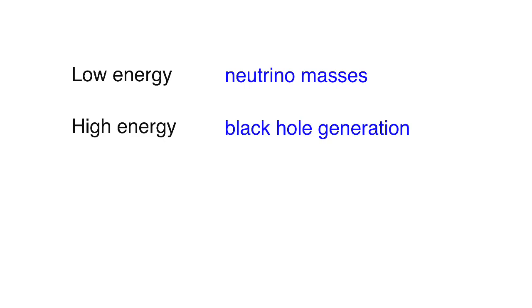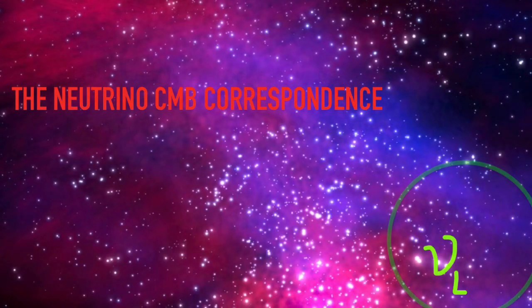Now this is interesting. There's a long history in particle physics of focusing on high energy scales, because that's where things tend to happen in particle accelerators, and that's related to black hole generation, which we know has something to do with gravity. But there's also a fundamental low energy scale. And here is the miracle.